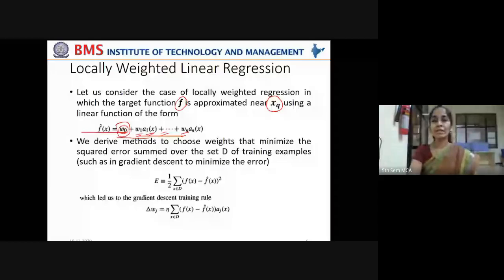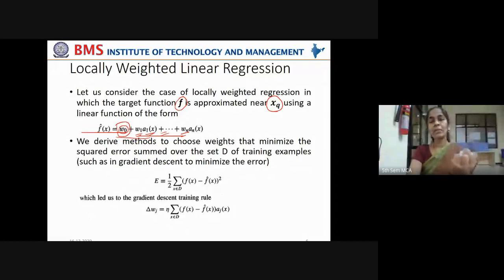Whenever you use regression, it should always strike you that we use the least squares method, right? Ordinary least squares method, in which we try to minimize the sum of squared errors. Means if there is any difference between the original value and the predicted value, find the difference, square it, sum them up, that will give you the sum squared error for that particular model, right?